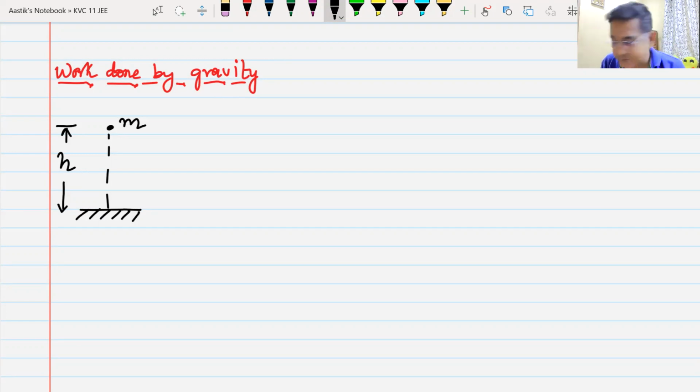So that means it is moving. So work is being done. What is the work done by gravity in this case? Case A, work done by gravity. I should not take rocket science. It is a very simple question. mgh. Plus or minus? Plus mgh.